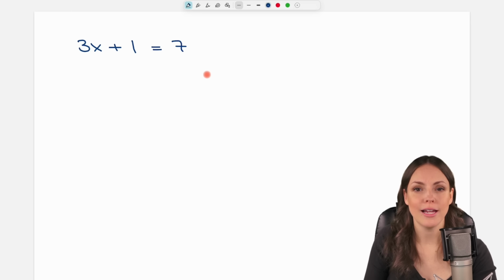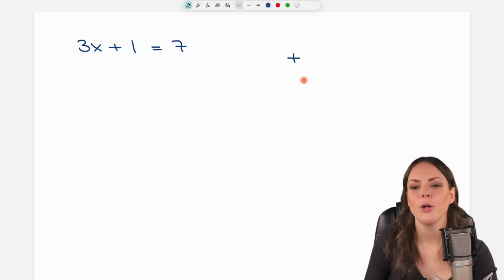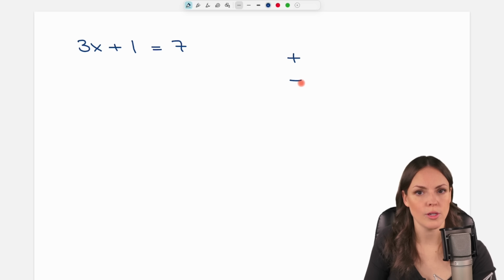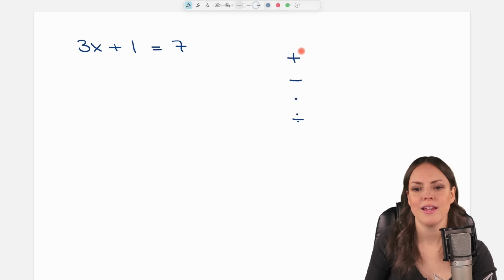And the things we are allowed to do are, we're allowed to add something on both sides of the equation. We are allowed to subtract something on both sides. We are allowed to multiply by something and to divide by something.